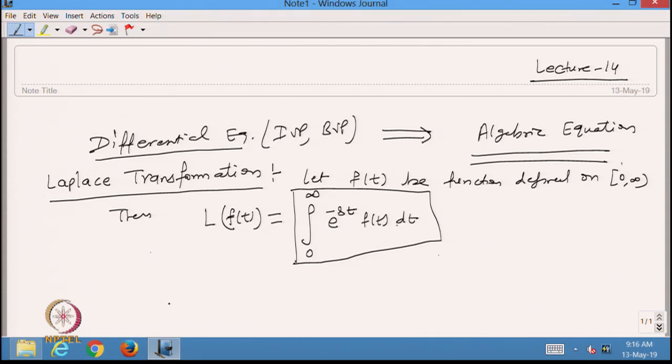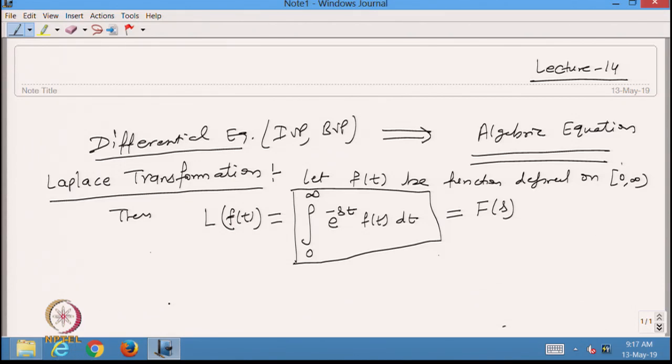After doing all this calculation, you will see that I get the function on the right hand side in the form of s. So, I call it a function of s, and when I take the Laplace of small f(t), we generally represent it by capital F(s). So, F is a function of s, and F is the Laplace transformation of small f(t).